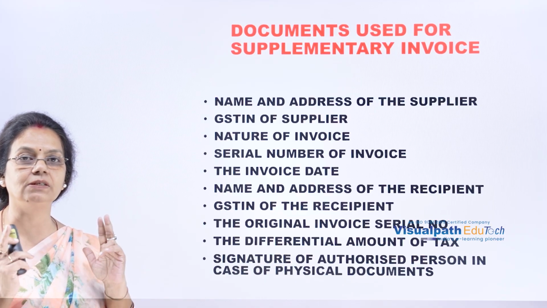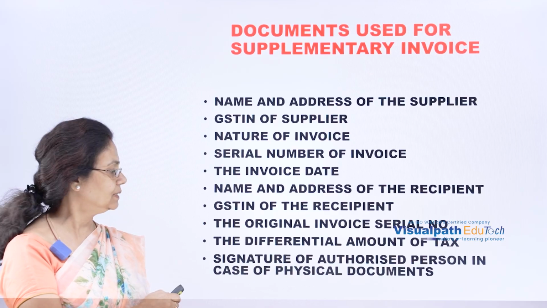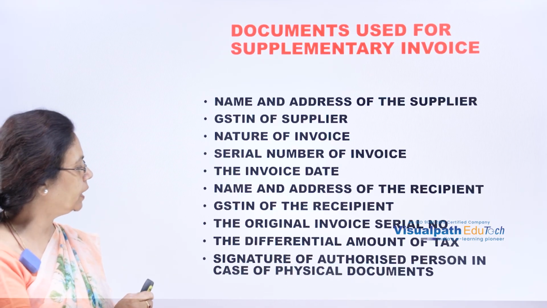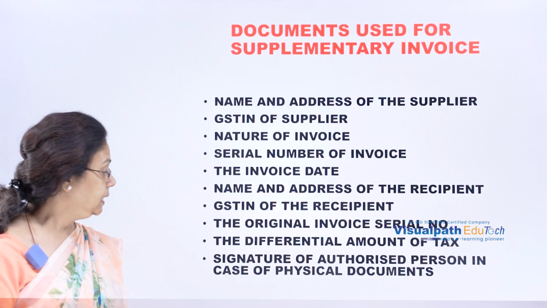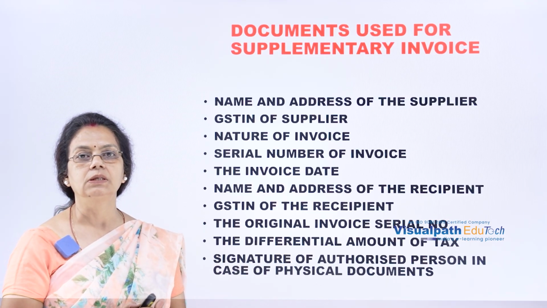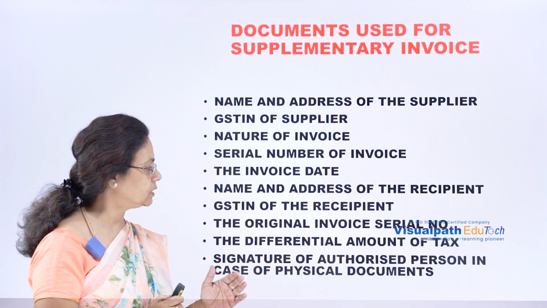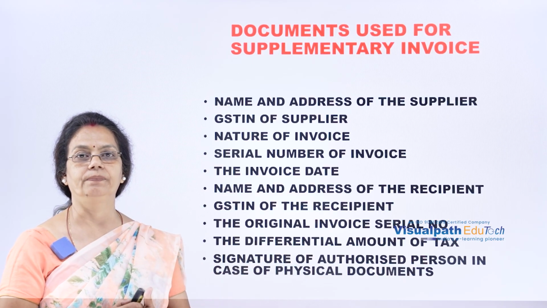After that, at last, signature of the authorized person in case of physical documents. Here the word physical documents is mentioned because nowadays it is not mandatory to produce the documents physically.